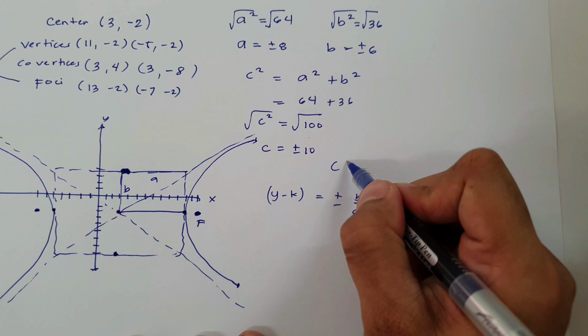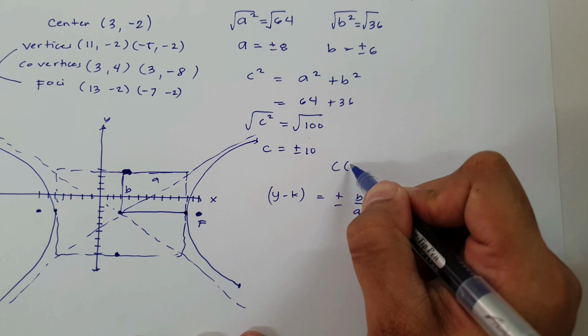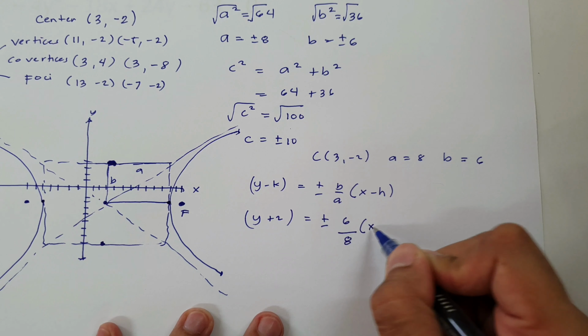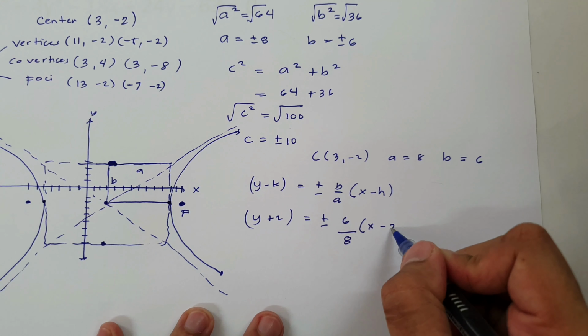Since we have center 3, negative 2, and the value of a is 8 and the value of b is 6, we have y plus 2 equals positive or negative 6, the value of b, over a, times x minus 3.